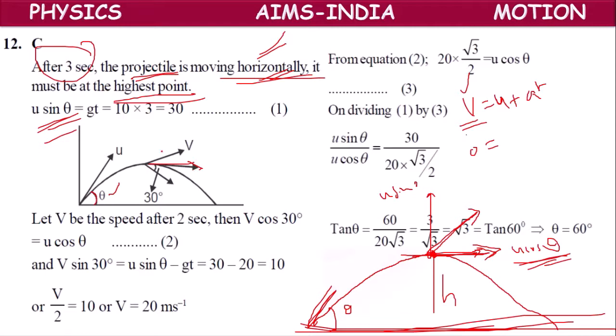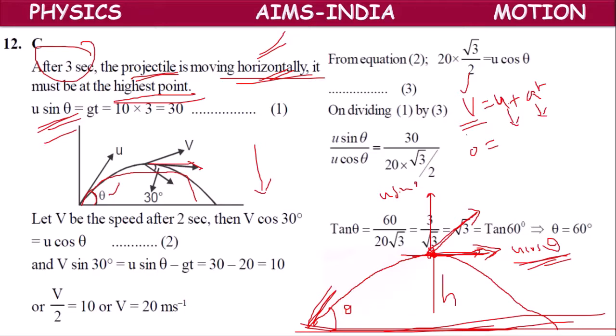The horizontal component of velocity is actually always constant, children, because on the projectile only vertical forces will be acting, not horizontal forces. So let's take vertical components here in the place of u and a.